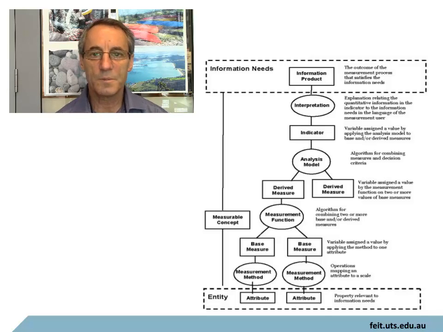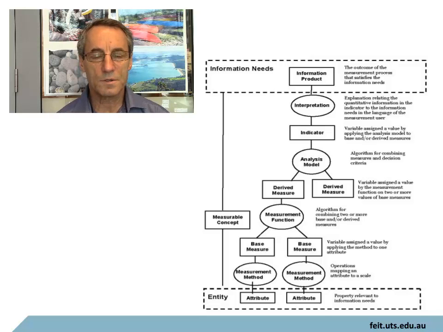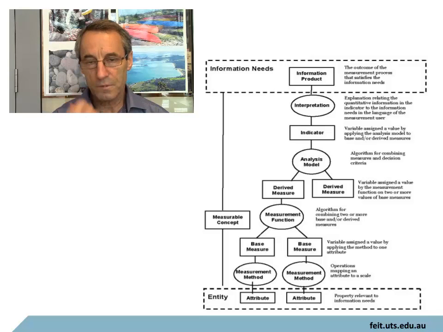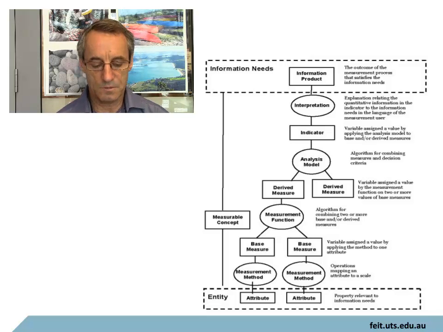When you're constructing a measurement instrument, you start at the bottom with the entity of interest, which has attributes. You measure those attributes by mapping characteristics of the entity of interest, which are represented by variables, to some measurement scale to give you base measures, which is the next level up.